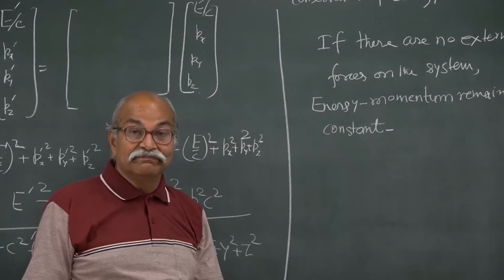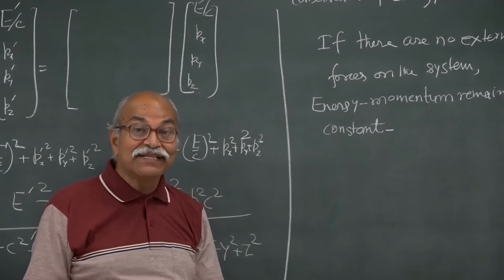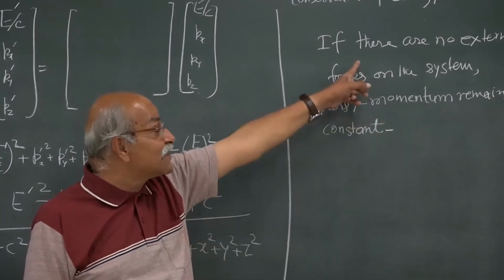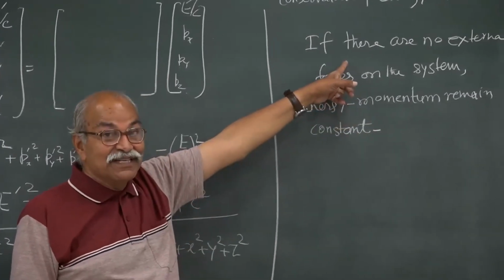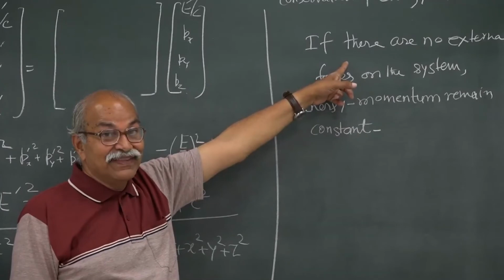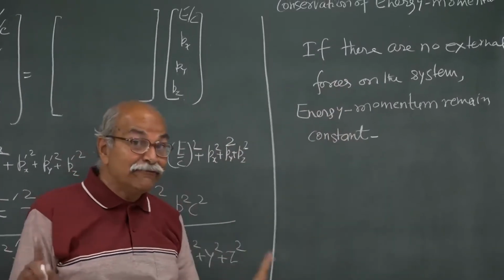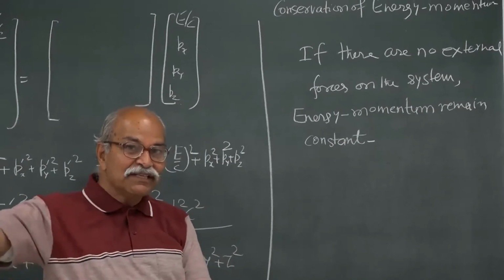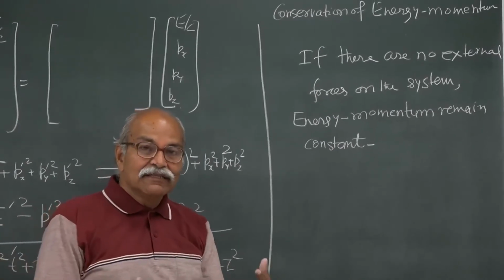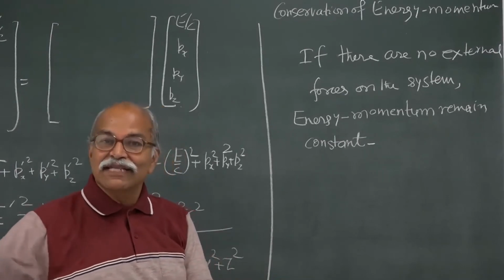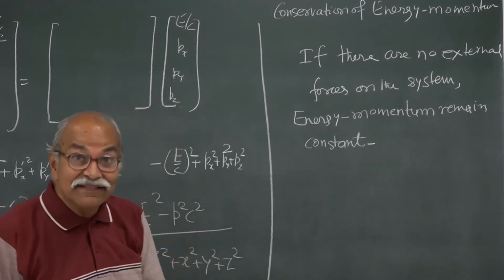Its energy and its momentum, that has to be seen. If no external forces are there on the system, then this energy-momentum remains constant. I am using the same frame. So when I am changing the frame and finding the value of some quantity in this frame and that frame, and it is the same, then we say it is invariant.